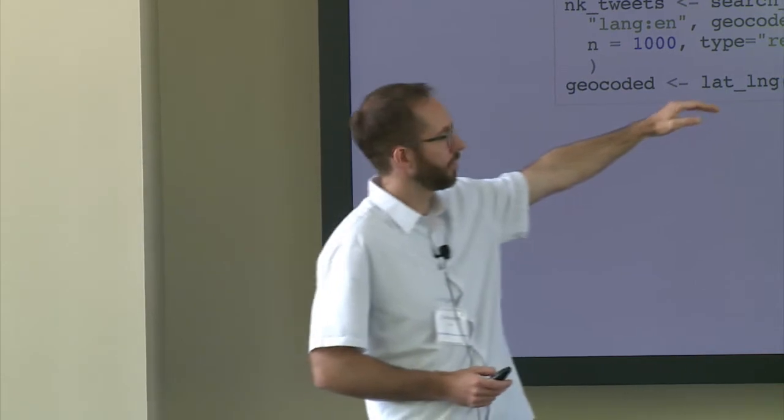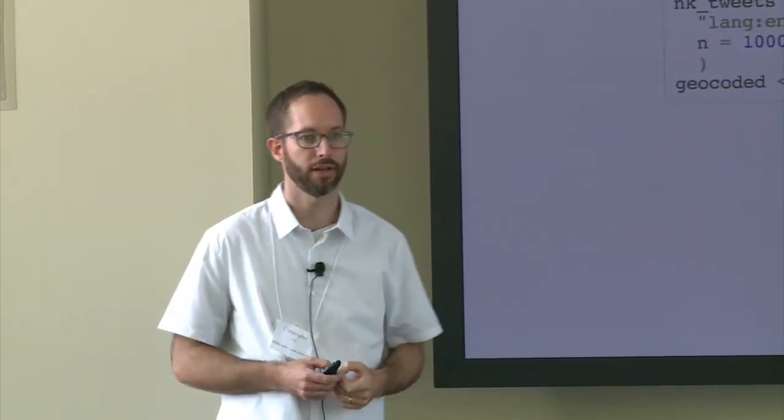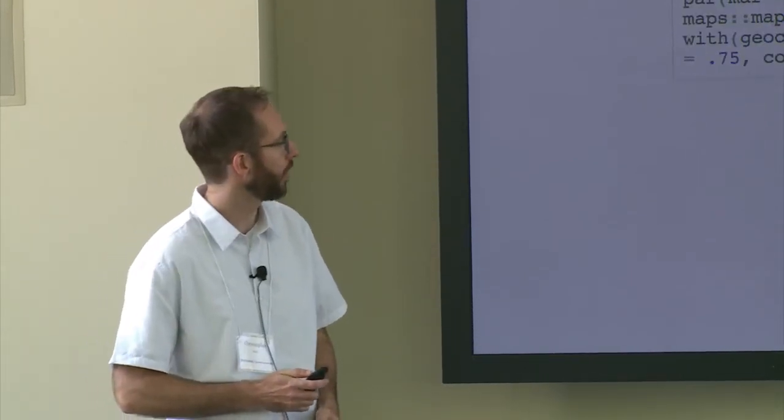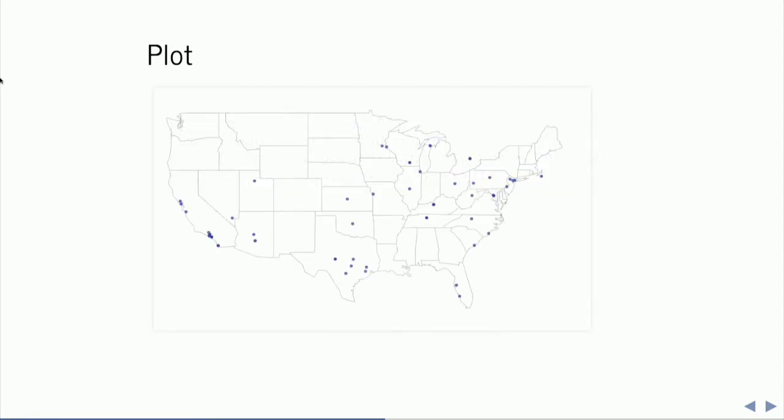And then we're using another function in the package, which is geocoding those texts and extracting the latitude and longitude out of them. And then we can produce a plot using this code, which is just in base R, making a plot that shows us the location from where those tweets were happening, right?